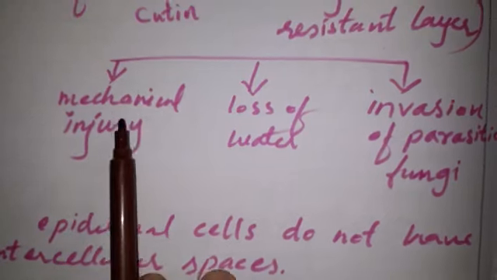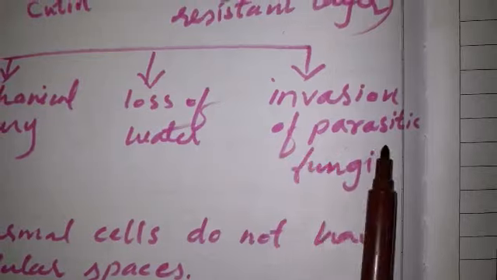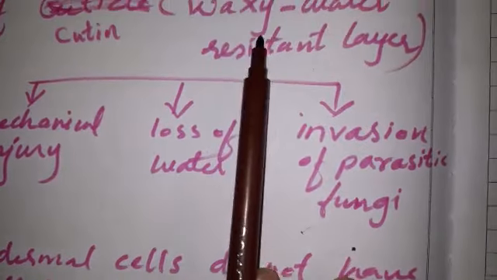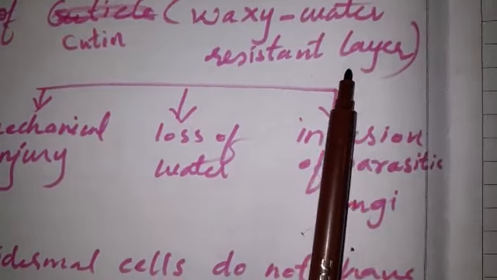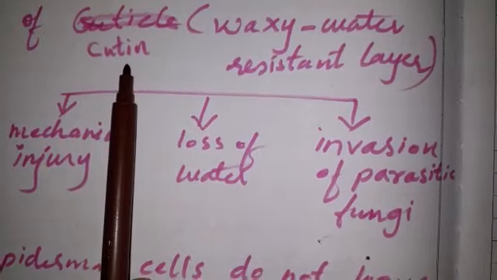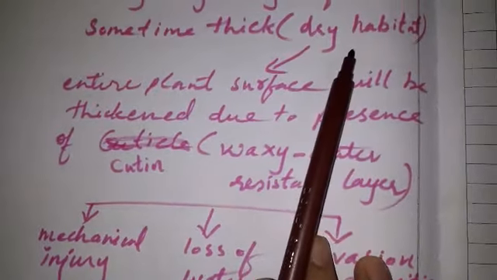It helps the plant against mechanical injuries, loss of water, and invasion of parasitic fungi. The waxy water-resistant layer, made up of the chemical called cutin, is found in plants of dry habitats, that is, plants of the deserts.